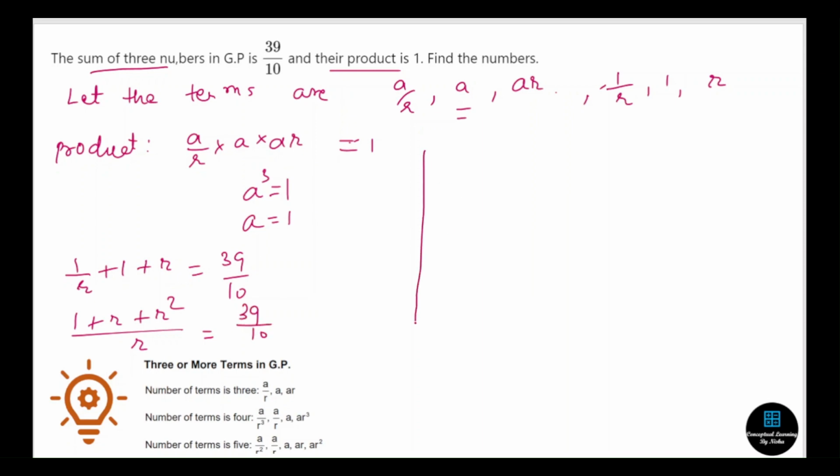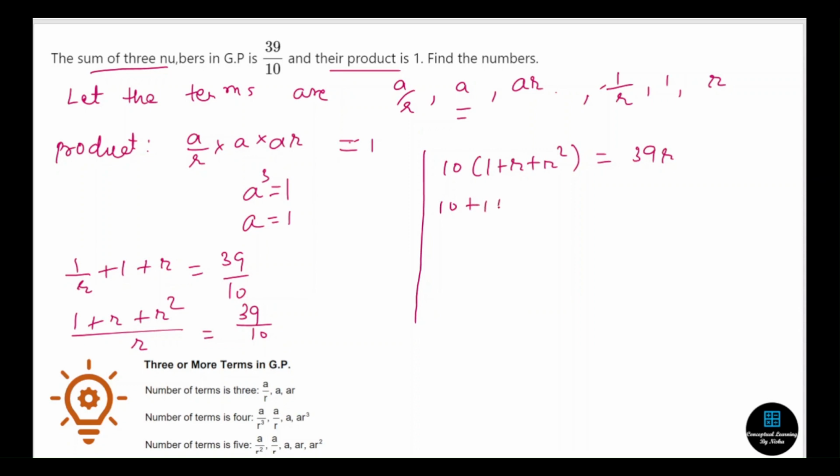Now I'll cross multiply and write this as 10 times 1 plus r plus r square equals 39r.